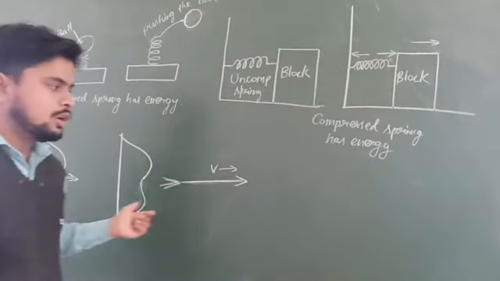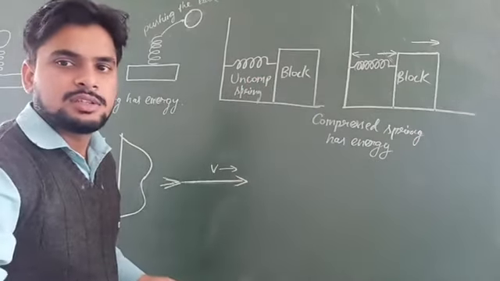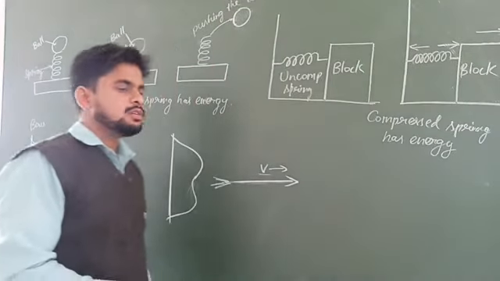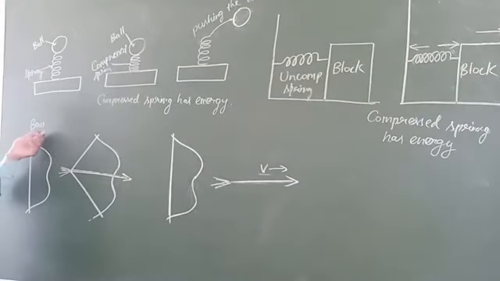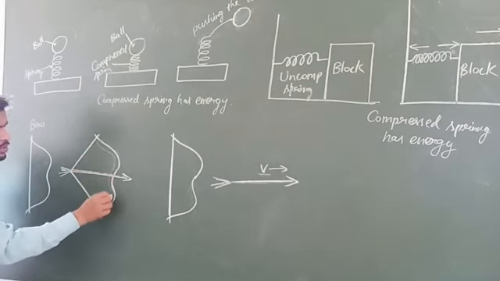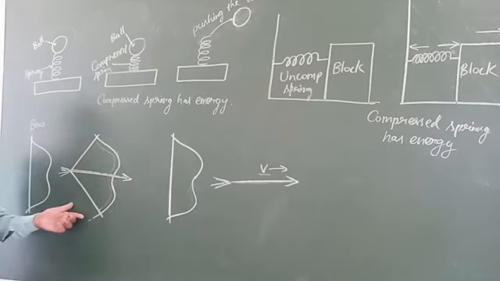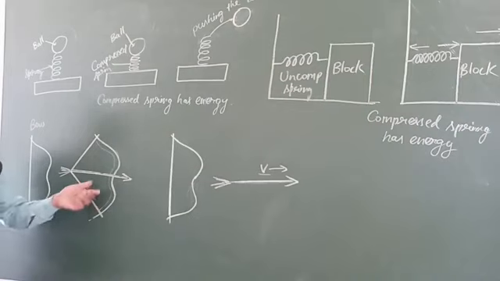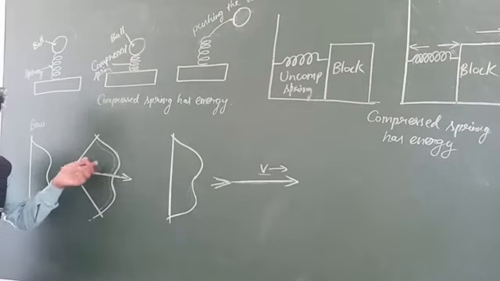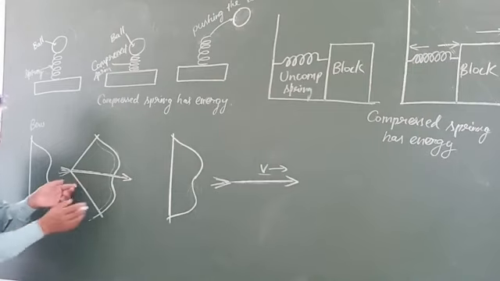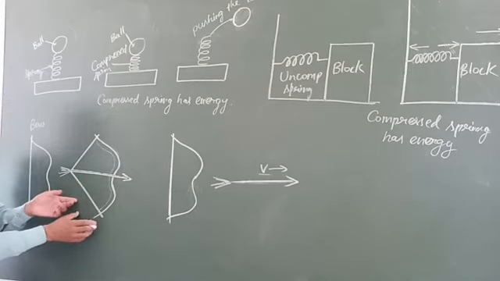Okay. Now let us see the third example. In this example you can see that this is the original shape and size of the bow. Now I am going to stretch this bow, then as compared to this situation you can see that the shape of this bow is being changed. When the bow is stretched, then some energy is stored in the bow, and when I release the bow, then what happens?